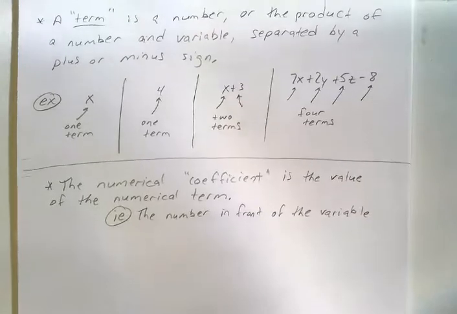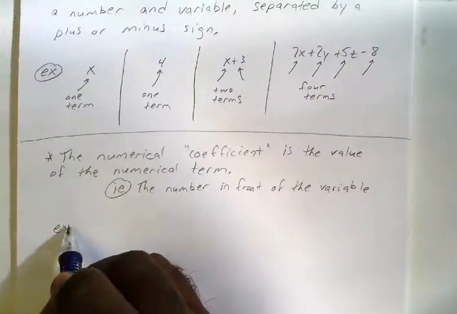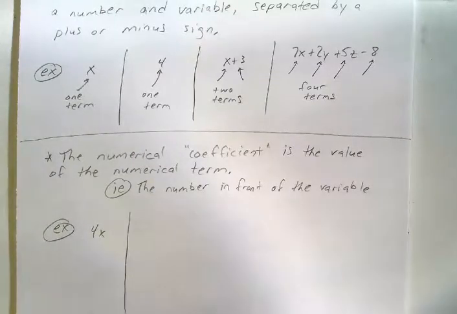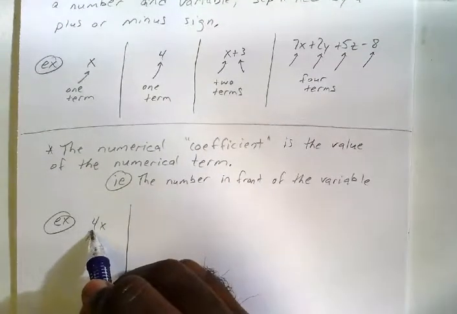Alright, so for example, you have 4x, then that means your coefficient is 4.